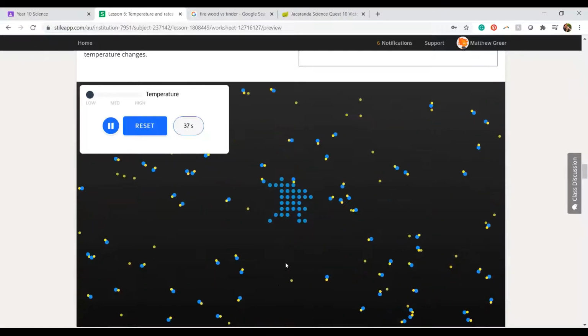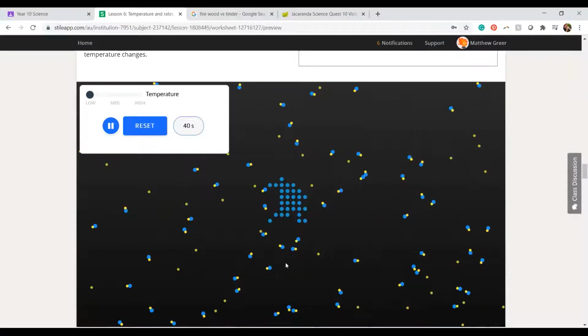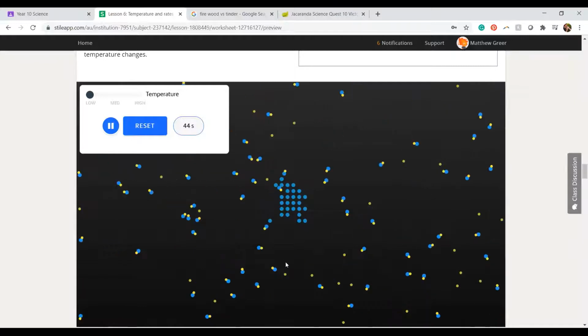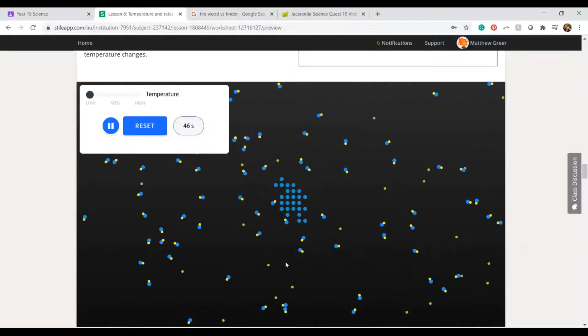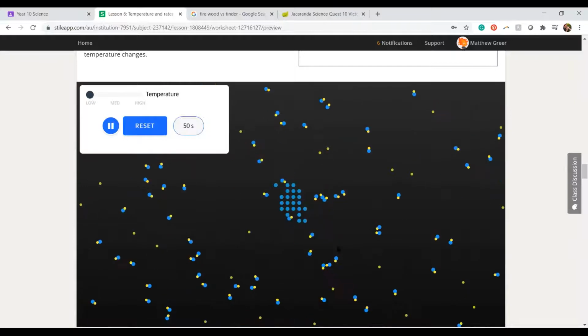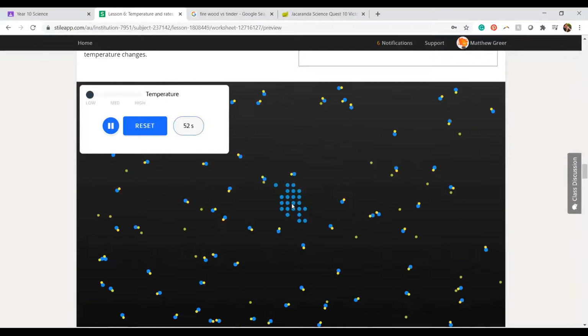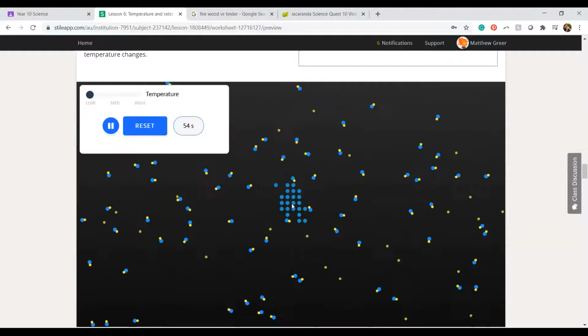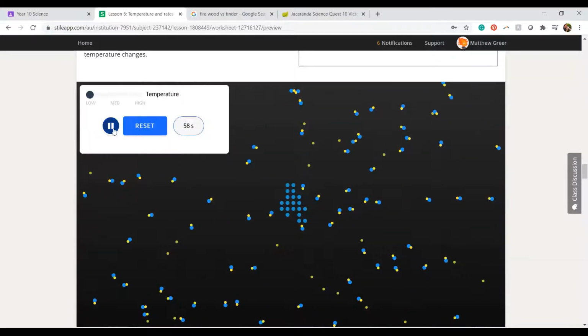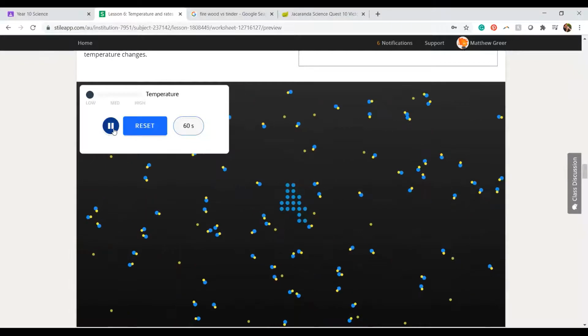I think they've ignored one of the ideas, which is they've assumed that every time they touch, there's a reaction. But in reality, you could bang into one of these and not actually get a reaction happening at all. I'm going to give this another 5 seconds, and then I'm going to stop. That's going to take forever.